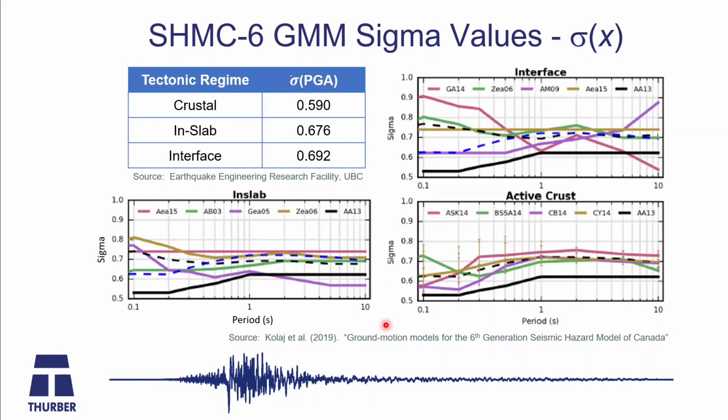These are a function of the publishers of the GMM model and their fit to the empirical data. That's how they generate the sigma values. In the paper here by Michael Colai and the group at Enercan, they have published plots of the variation of sigma with period for each of the three tectonic regime types. And for the PGA, we got these values from UBC.